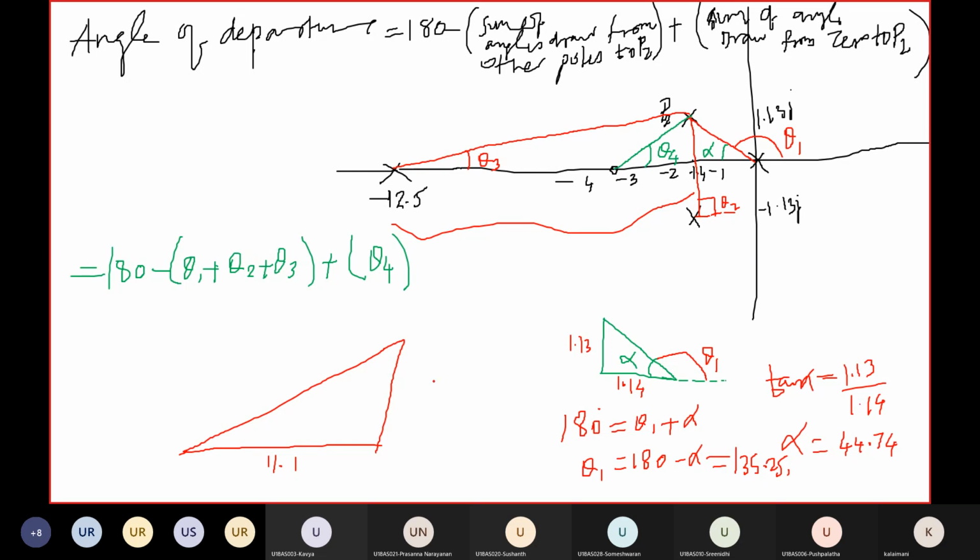Again, this vertical height is 1.13. This angle we designate as theta 3. So theta 3 is equal to tan inverse of 1.13 divided by 11.1. You get 5.81. Theta 3 is 5.81 degrees.